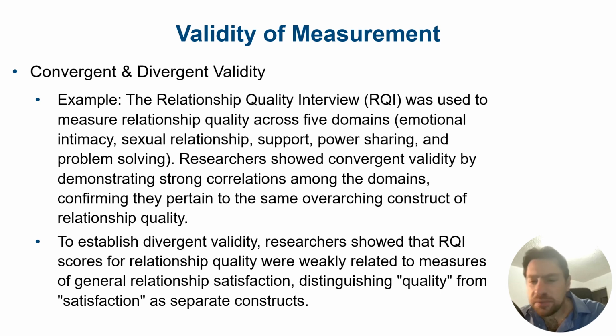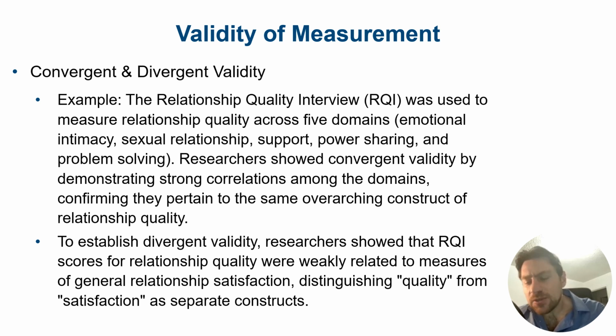Here's an example of convergent and divergent validity. There's something called the Relationship Quality Interview, the RQI, and this is used to measure relationship quality. And this is done across 5 domains of relationship quality: emotional intimacy, sexual relationship, support, power sharing, and problem solving.